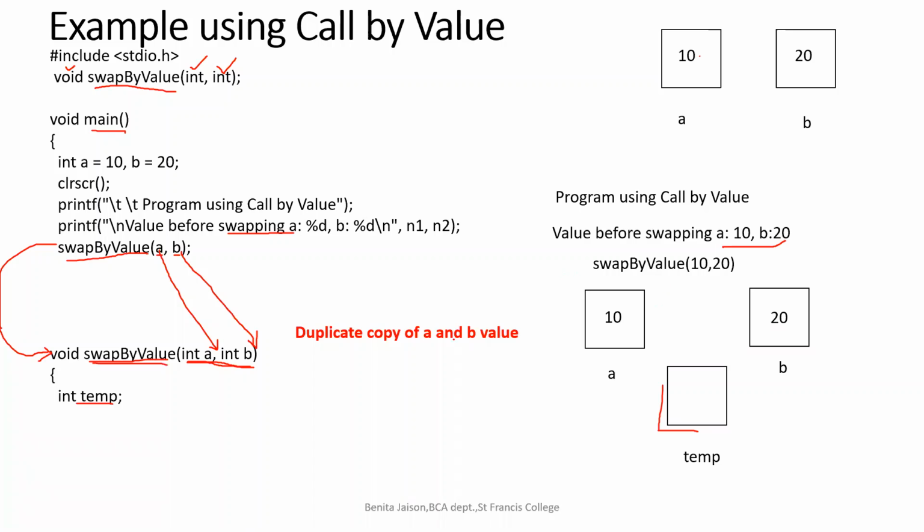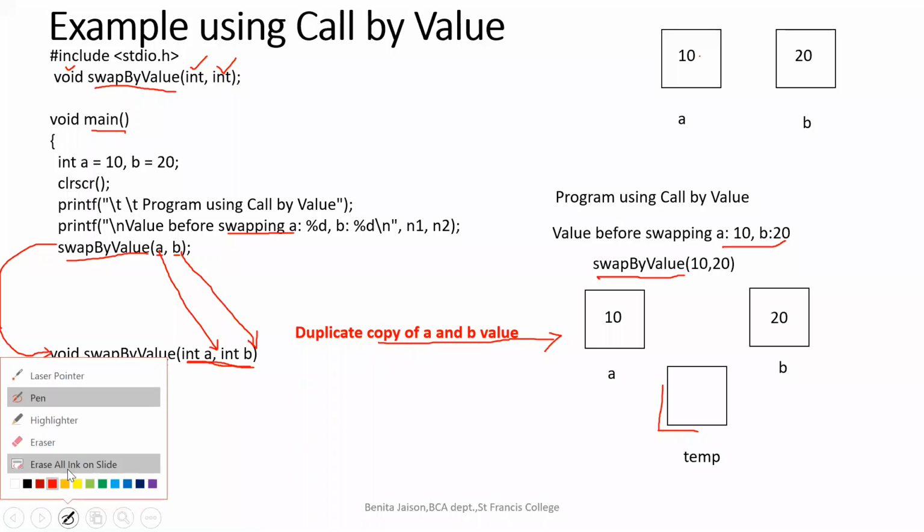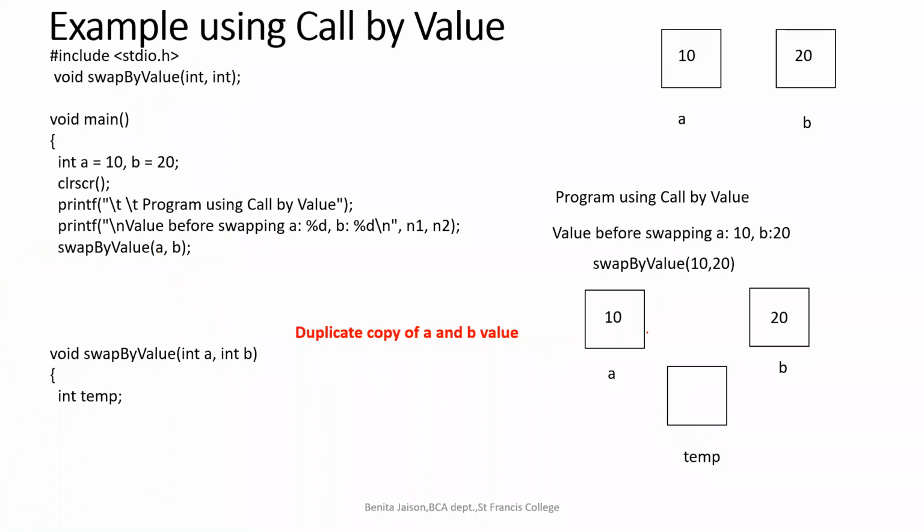Listen, this is a duplicate copy of values a and b. So here also we have 10, here also we have 20. This is accessible only in the function called swap by value. Understood? Now what I am going to do is, after making a duplicate copy, I am using a temporary variable called temp.